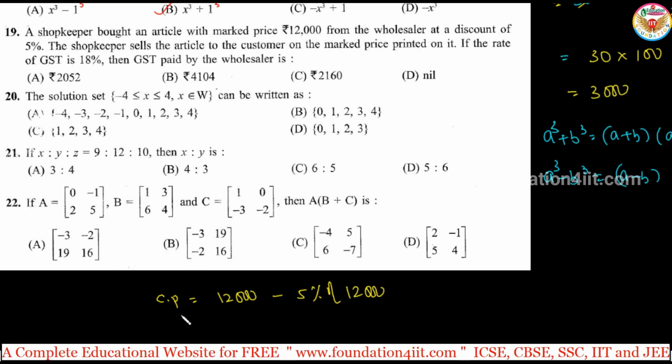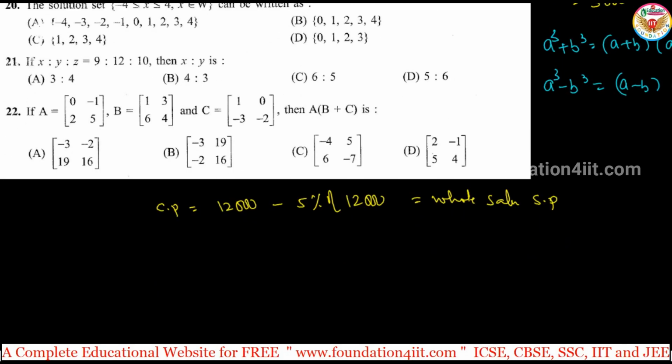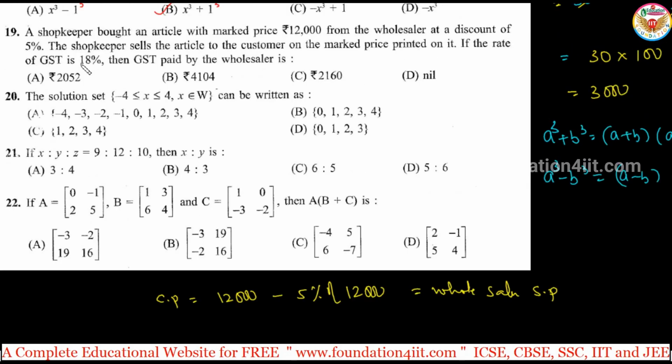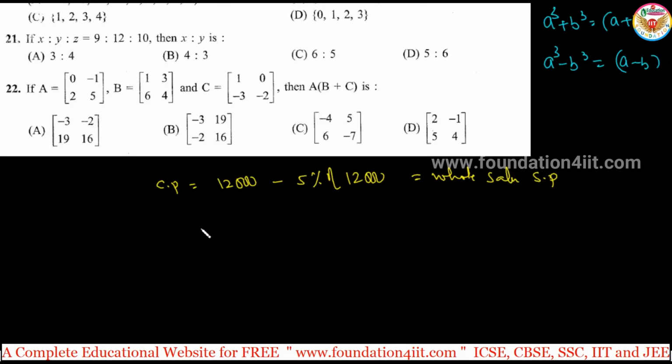This is the cost price of the shopkeeper, which is nothing but the wholesaler's selling price. On this only we need to find out the tax, because as per the question, the GST paid by the wholesaler is the question. So on the wholesaler's selling price, how much we are selling, on that only we need to pay the tax also.